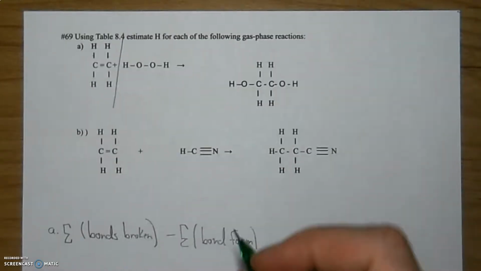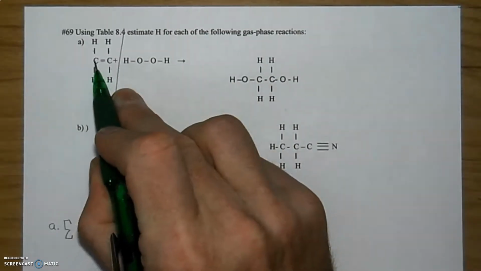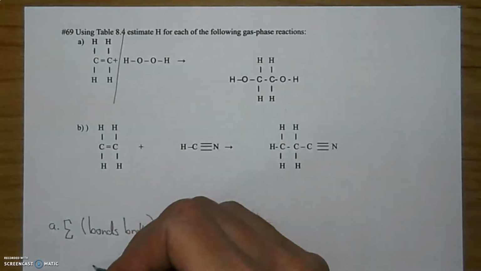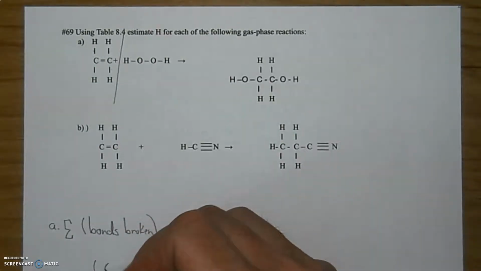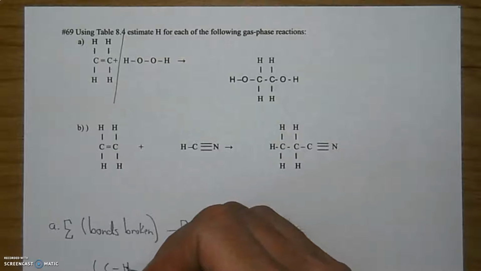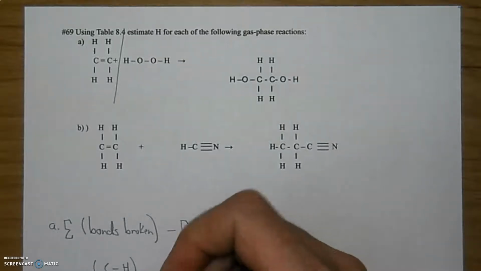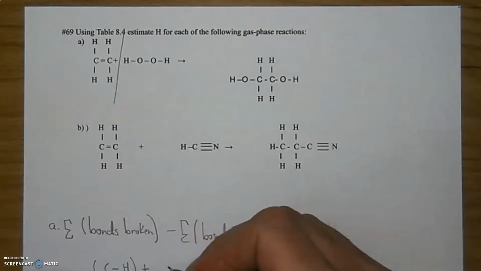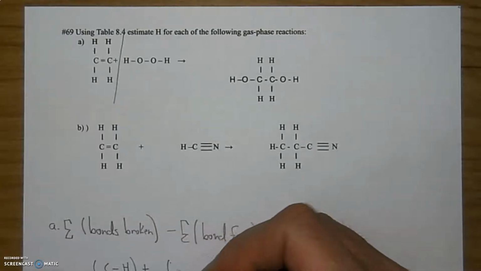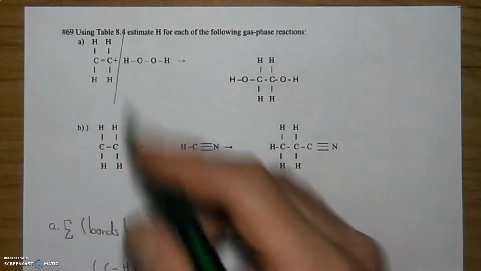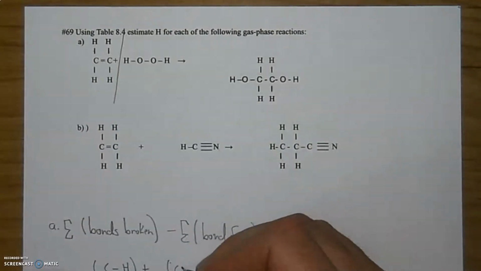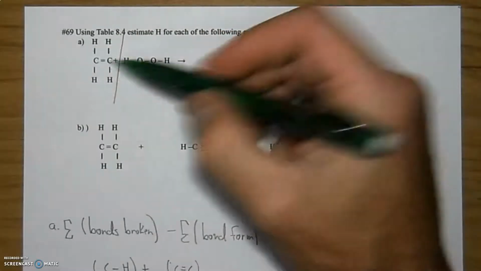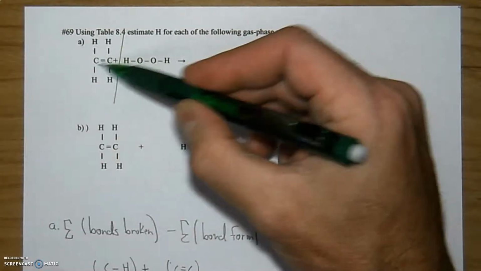So let's give an example. How many carbon to hydrogen bonds do we have here? So I'm going to write this out as far as carbon to hydrogen. And I'm just going to catalog the number of bonds first, and then I'll get a number later on. There's a carbon to carbon double bond here. So I've got some carbon hydrogen bonds, I've got carbon carbon bonds.